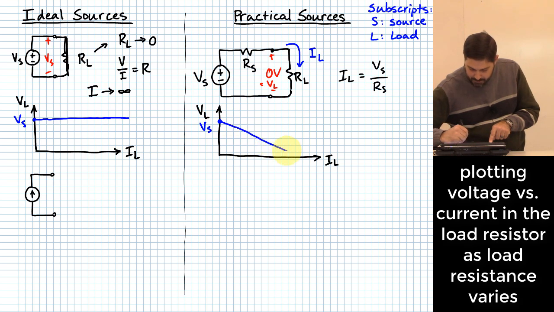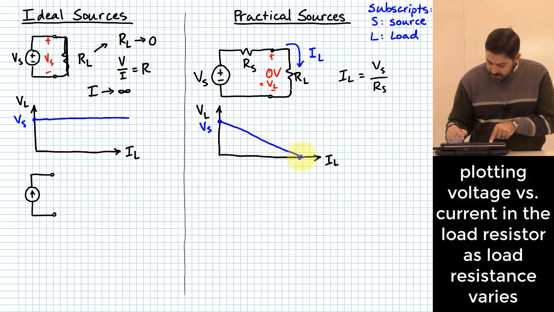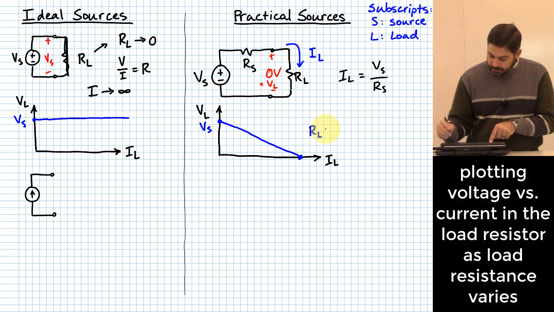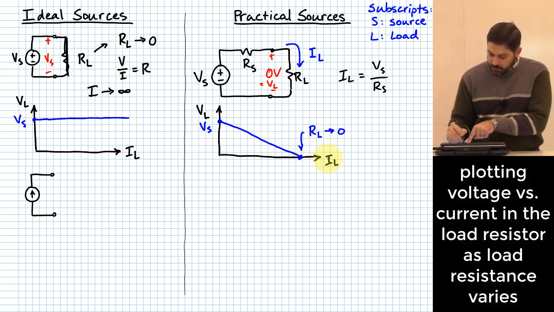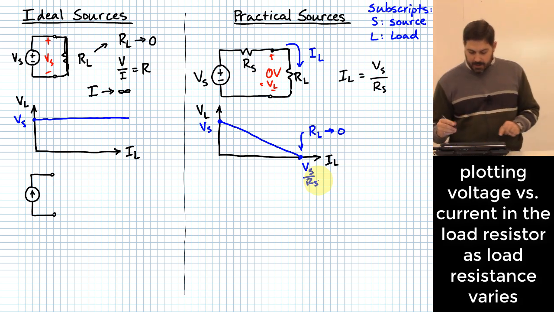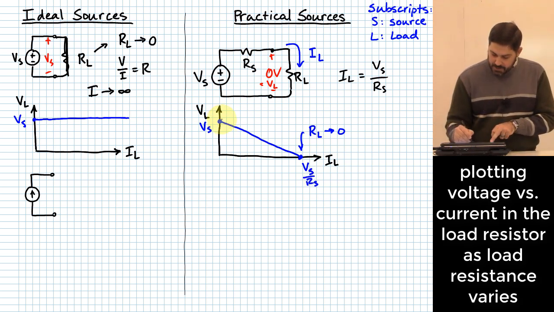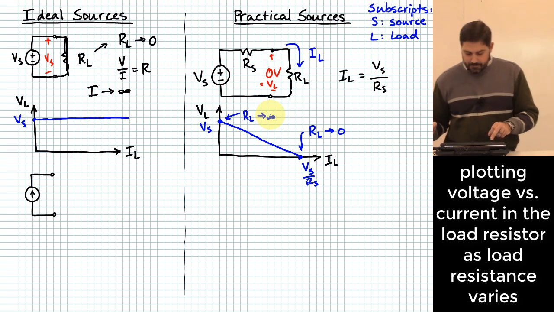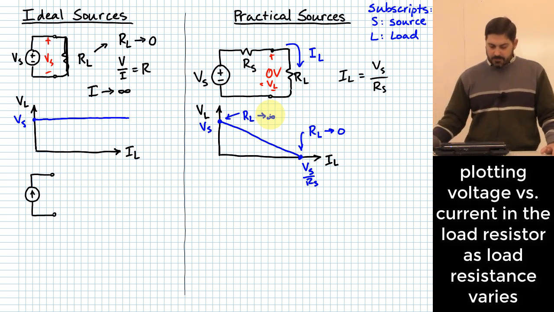So this becomes a straight line that comes down like this, and when I hit down here, the current that I have for RL going to 0, that's what happens right there. The current that I'm going to have is VS over RS. And the current that I had up here was 0, and this is what happens when RL goes infinite. This kind of makes sense?